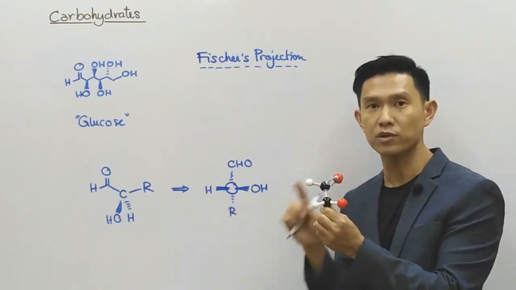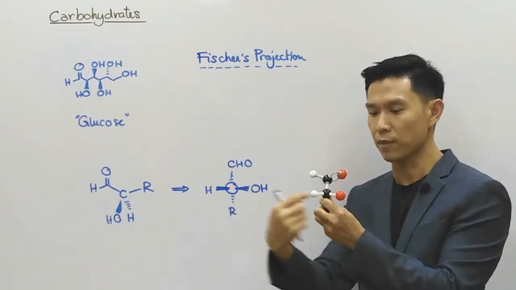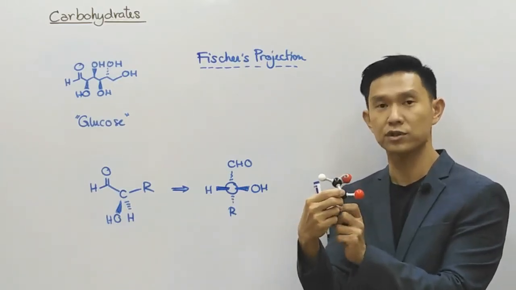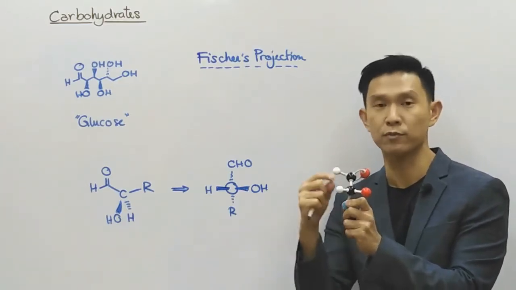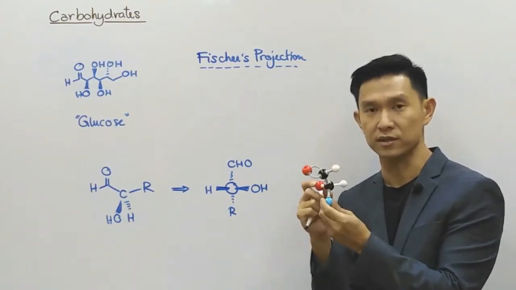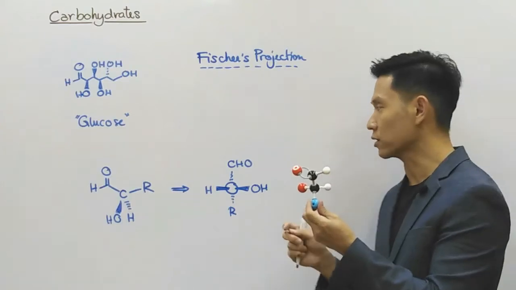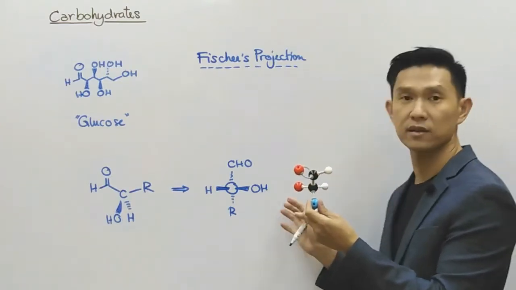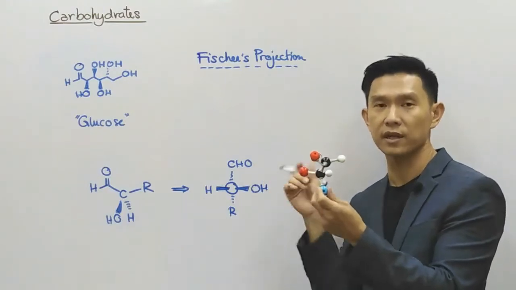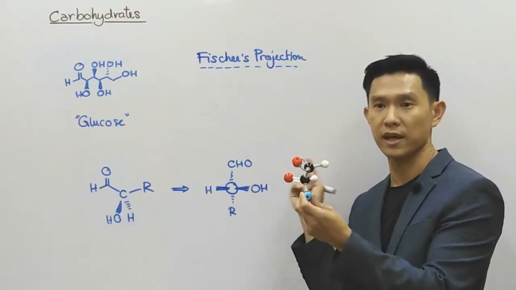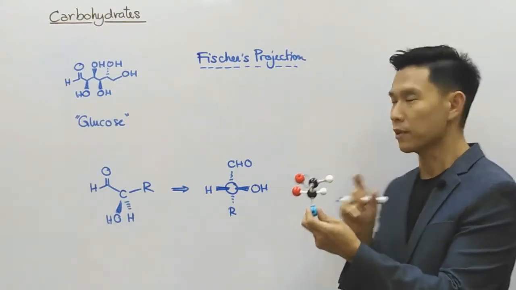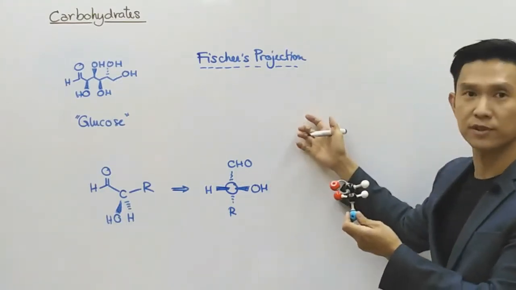But what you cannot do is swap the place between C and H, because if you swap the place between C and H, you have to break the bond. If you don't break the bond, you have to turn it like this. But now it's not like this, right? It is on the opposite way. The horizontal line, instead of pointing upward, is pointing downward, and the vertical line, instead of pointing downward, is pointing upward.